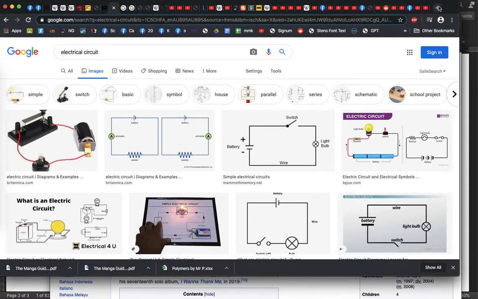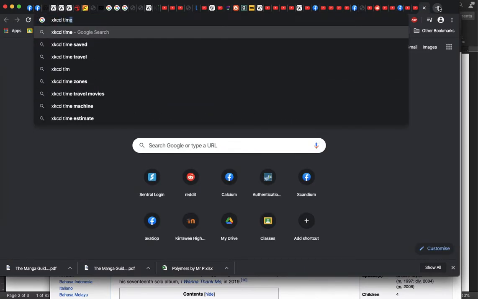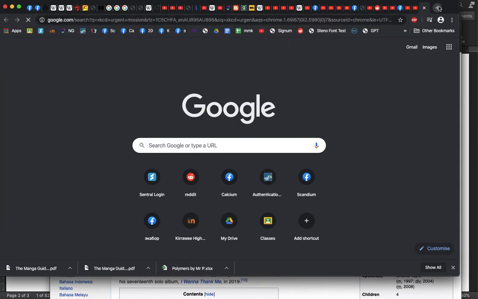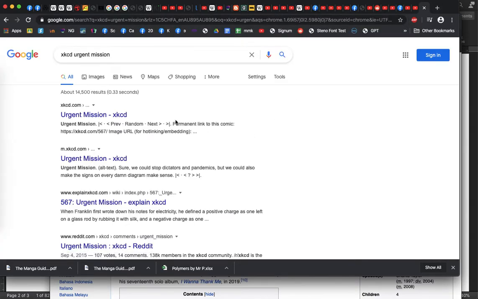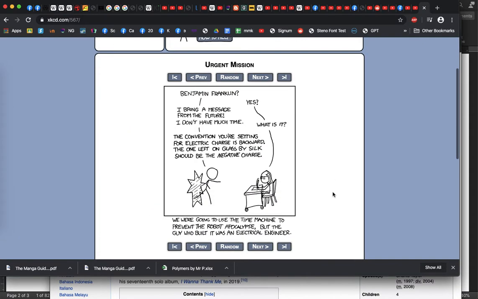In a video, XKCD, "Urgent Mission", I think it's called. XKCD is a comic for nerds. I think the guy worked for NASA, Randall, I think his name was.